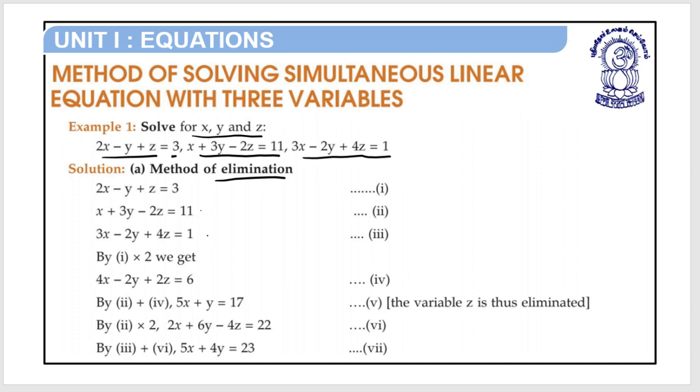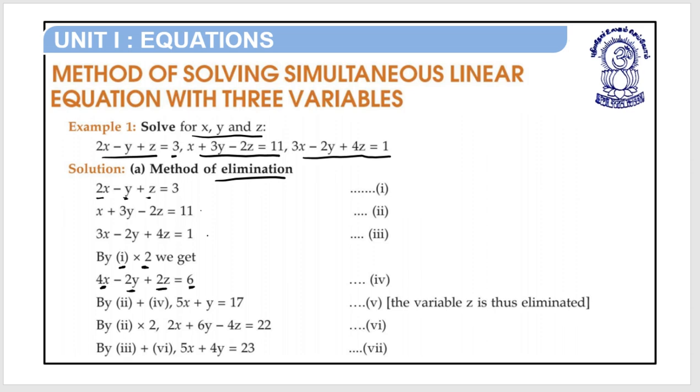To eliminate the unknown, we have to multiply equation 1 with 2. So 2 2s are 4x, 2 into y, so minus 2y, 2 into z, so plus 2z, 2 3s are 6.